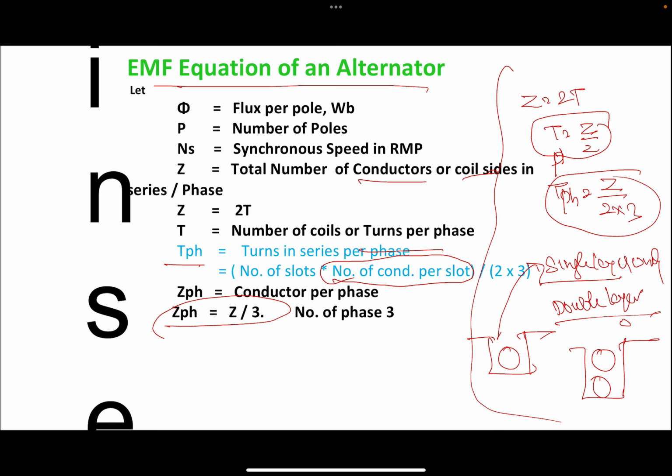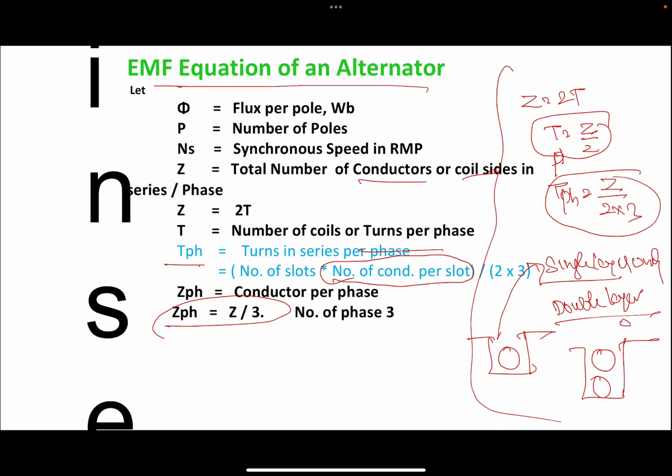So now what is the total number of conductors? If total number of conductors is 500, then how many turns will be there? 500 by 2, 250. Let's assume that it is 480. Then total number of turns will be 480 by 2, that is 240. Then next, total number of turns per phase. How many phases do we have? R phase, Y phase and B phase. So 240 by 3, again I have to divide by 3.